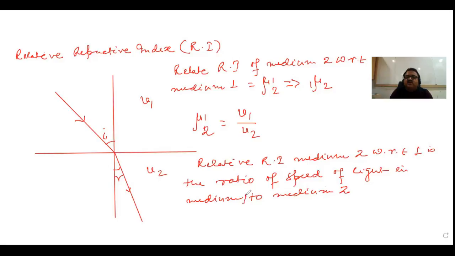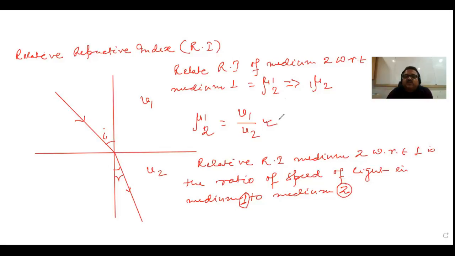Correct? So it is the relative refractive index of medium 2 with respect to medium 1, the ratio of the speed of light in medium 1 to medium 2. So this is the formula of relative refractive index. Is it clear?